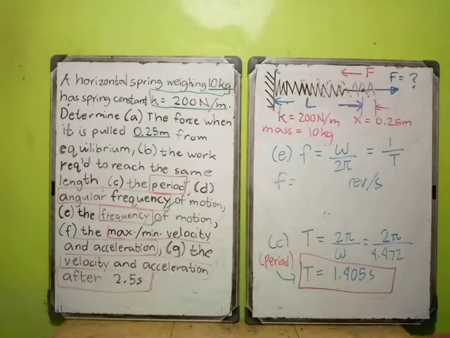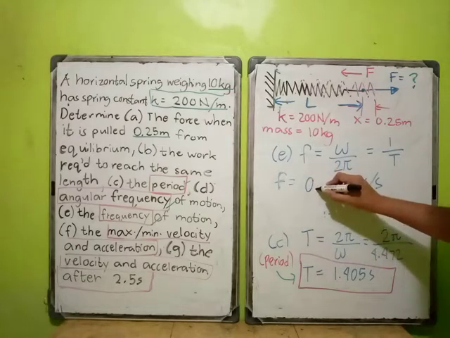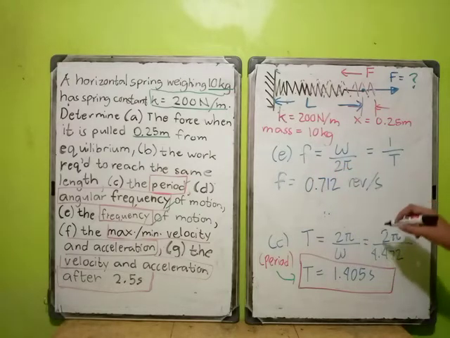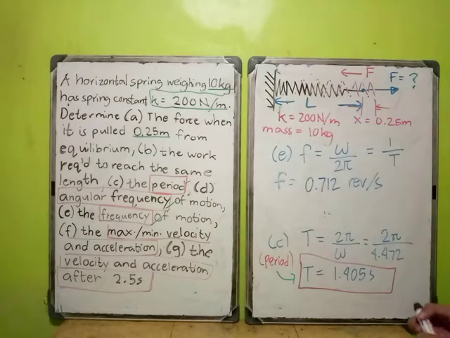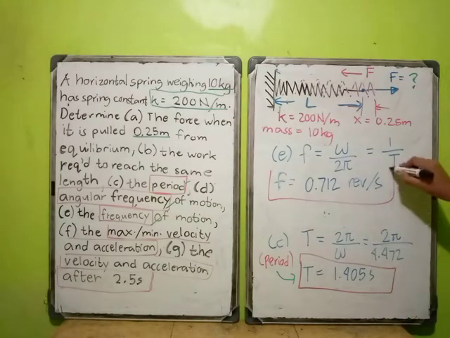So, we get 0.712 revolution per second. So, yan yung kay frequency, letter E. Okay.